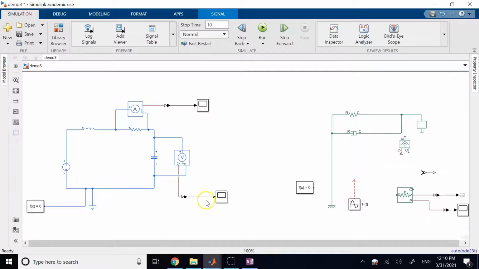Simulink blocks are black, and the color of their lines are black. So if you want to connect a Simulink block to a physical system, Simscape, you need this intermediate block, which is called Simulink-PS Converter. PS means physical signal. So this guy takes the Simulink input, and then the output can now be connected to a Simscape block.